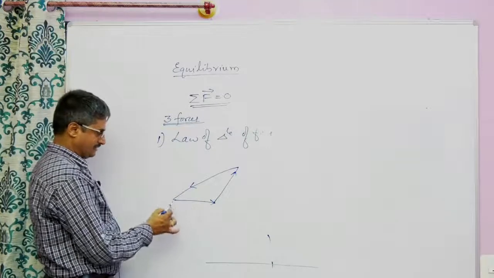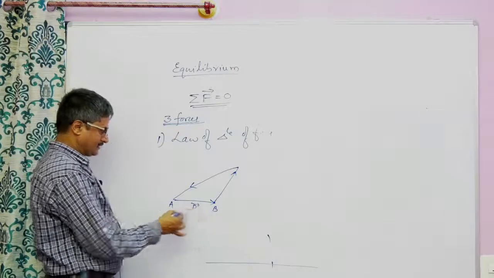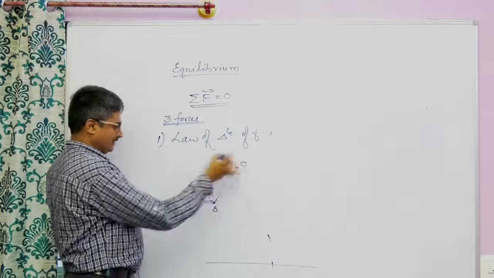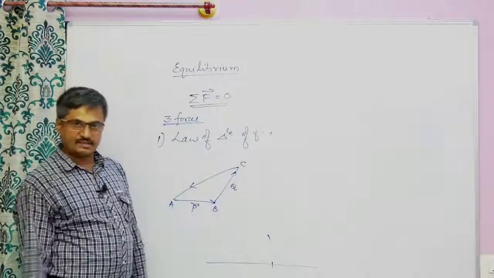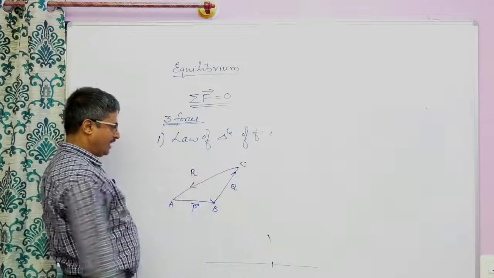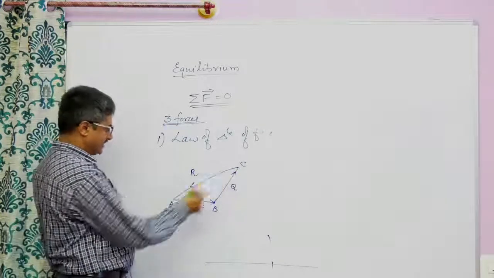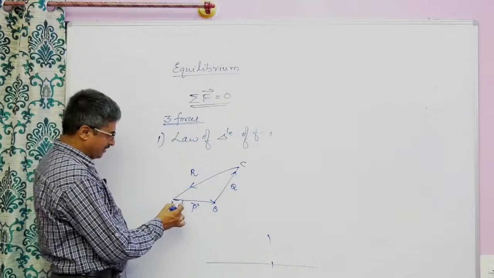For example, the force P is represented by the side AB of the triangle. The force Q acting at a point is represented by BC of the triangle, and force R is represented by CA of the triangle.